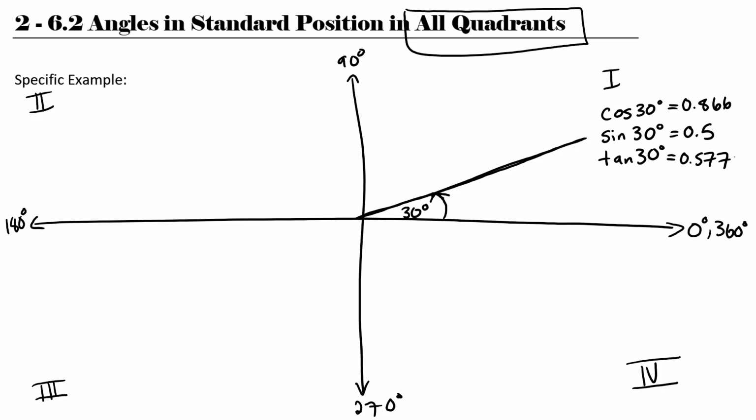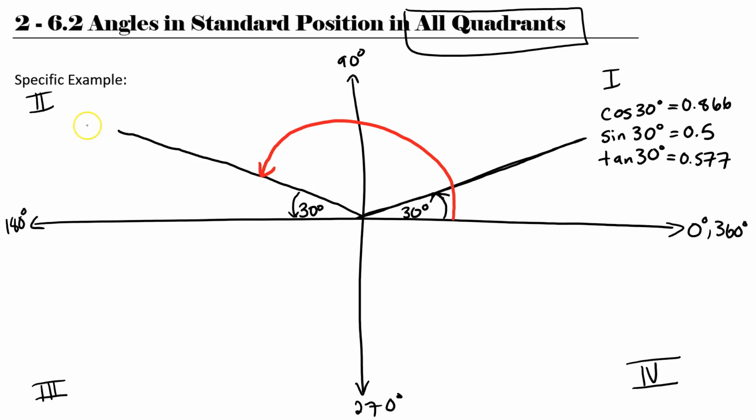Now I want to do something else. I want to see what happens when this one right here is 30. From here to here is 30. So if this right here is 30, the angle in standard position is like this, in a different color.